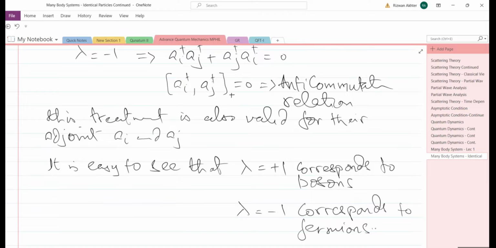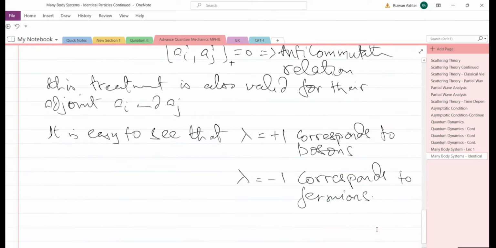So we can give the reason for this जो ये हमने लिखा है.